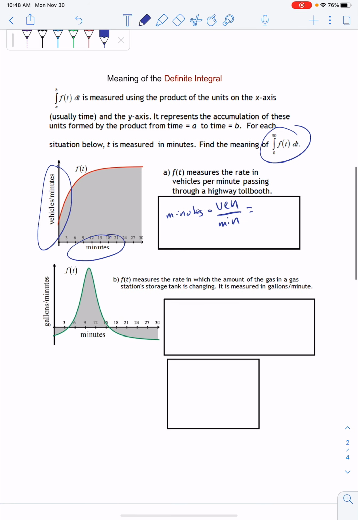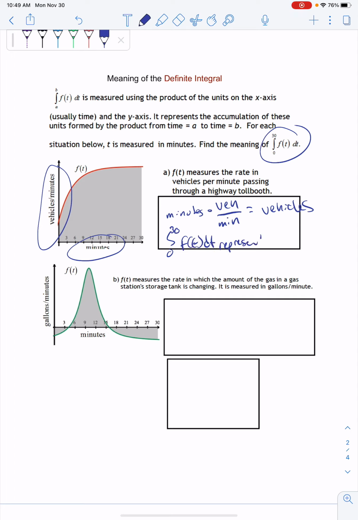So when I multiply those, I end up with units of vehicles. So when I'm answering this question, especially on the AP test, don't just say it represents.